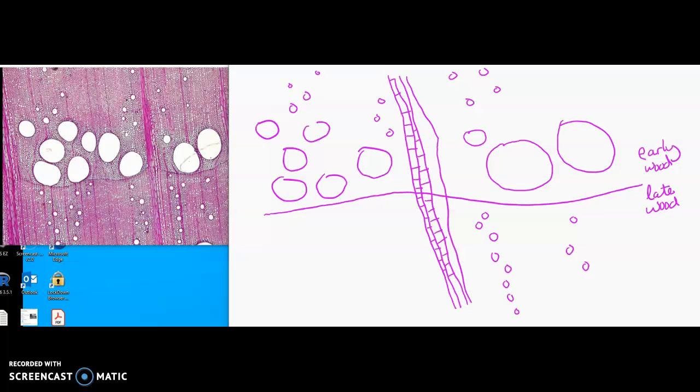The fibers you can pick up sporadically in here. They're not going to have any lumen whatsoever, and they're patchily distributed throughout the wood. And then of course inside of our ray, all of these cells are parenchyma cells.